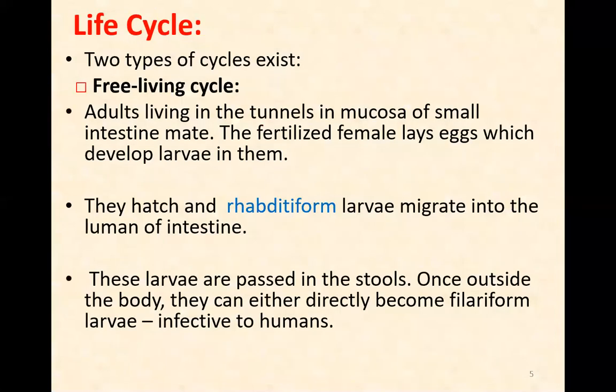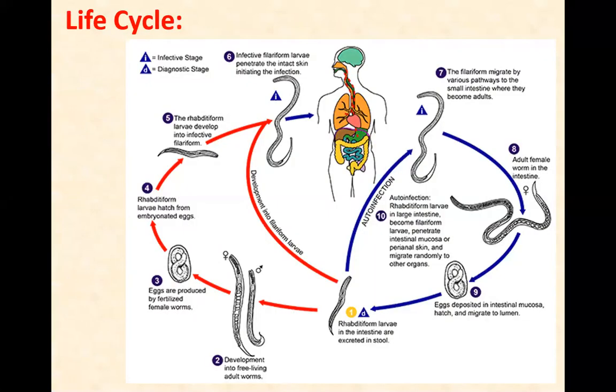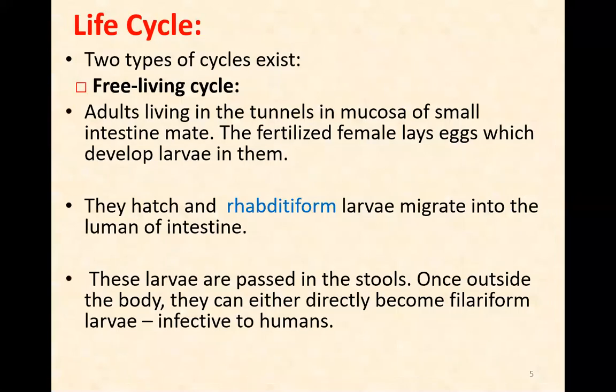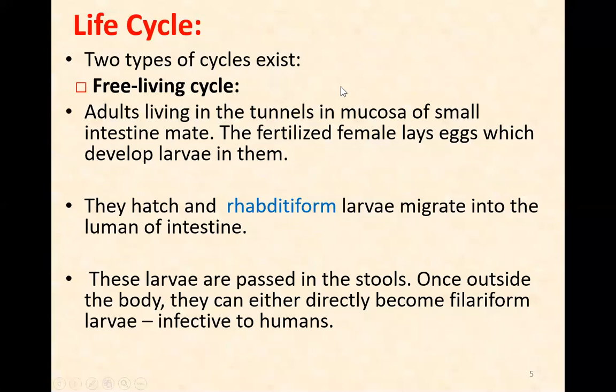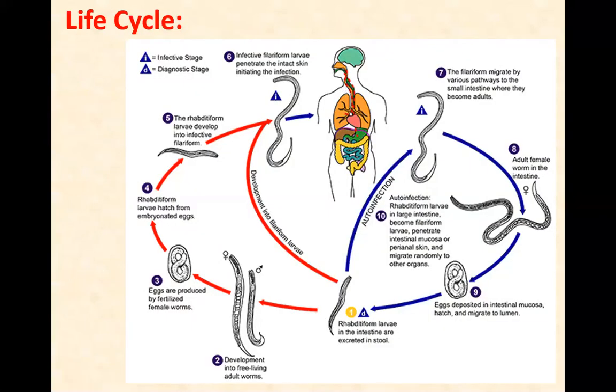The second type of life cycle is the parasitic life cycle. Here, the filariform larvae, after penetrating the intact human skin, reach the small intestine by different routes. Historically, it is believed that they enter blood vessels, reach the circulation, and by circulation they reach the lungs.